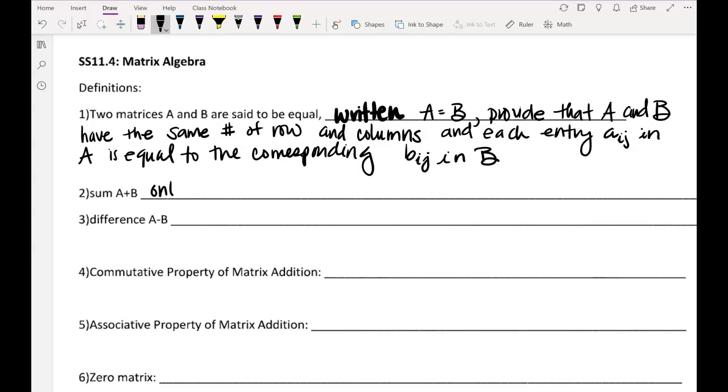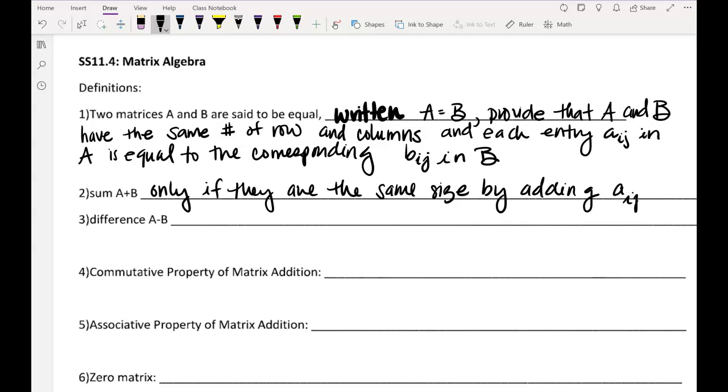Two, sum A plus B. You can only add the matrices if they are the same size, by adding a ij plus b ij, by adding the entries.